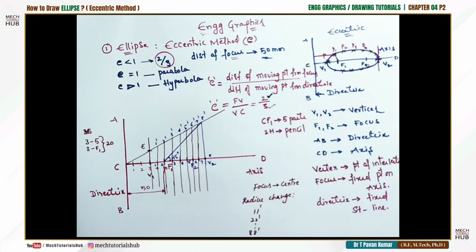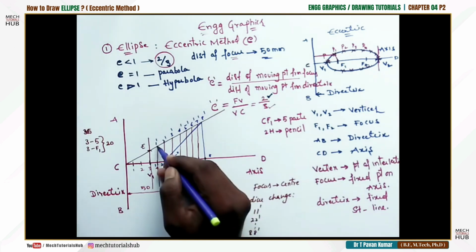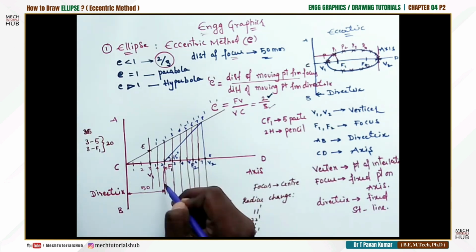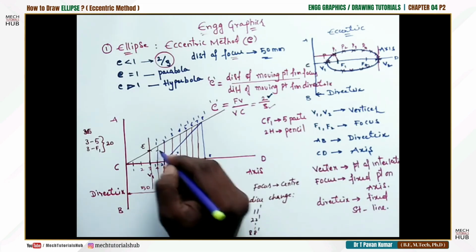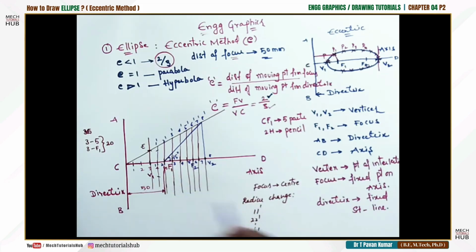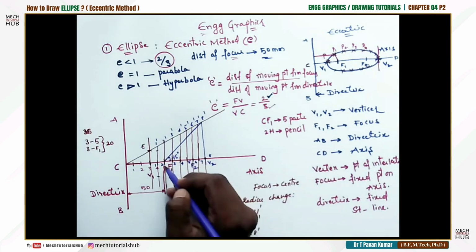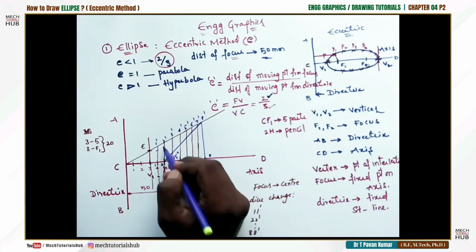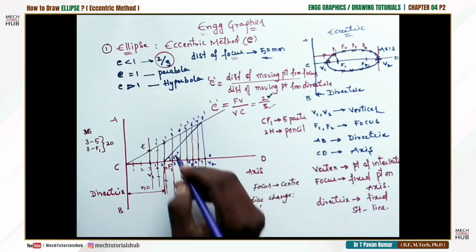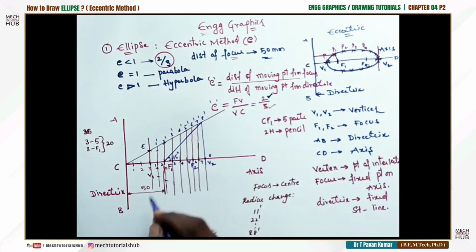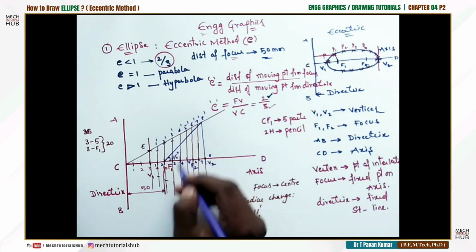If I consider 1 prime as radius and F as center, I need to cut the same line above and below. Similarly, F as center, 2 prime as radius, I need to cut above and below. Similarly, 3 prime as radius, F as center, cut here above and below.